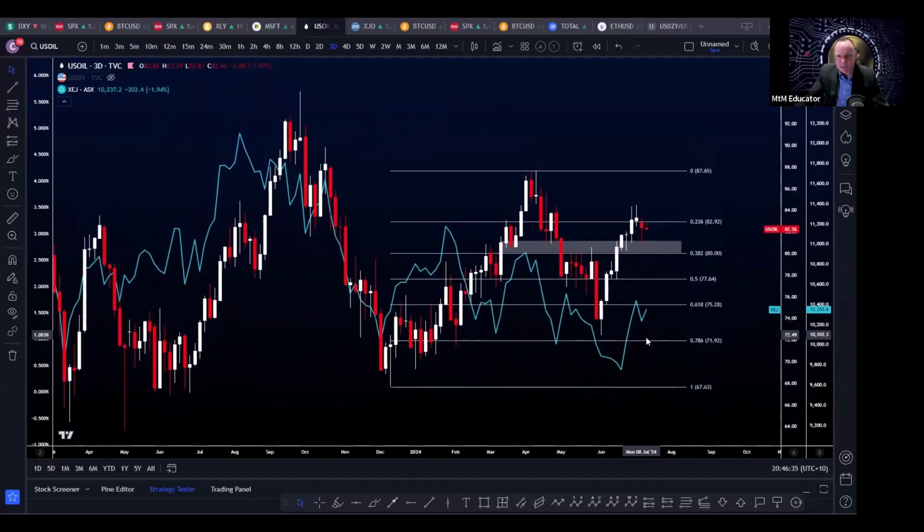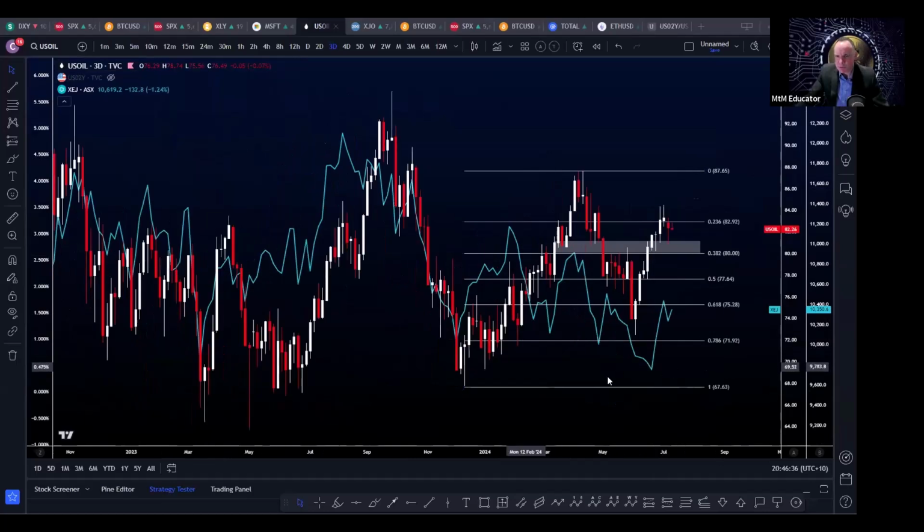Now, the energy sector should have quite bottomed by now. And if that's bottomed, it's a great opportunity. At MTM, we've been speaking quite a lot about great energy stocks, both coal energy stocks and also clean energy stocks to start looking at and getting into.